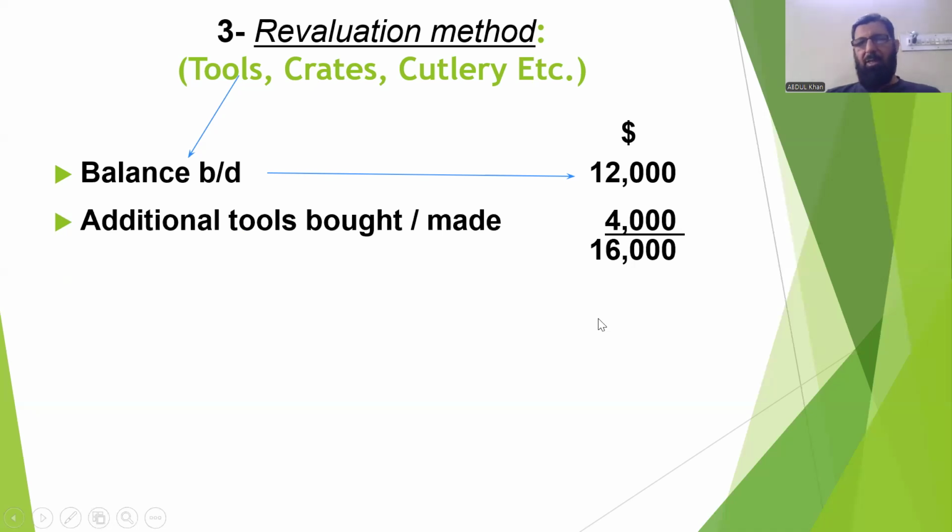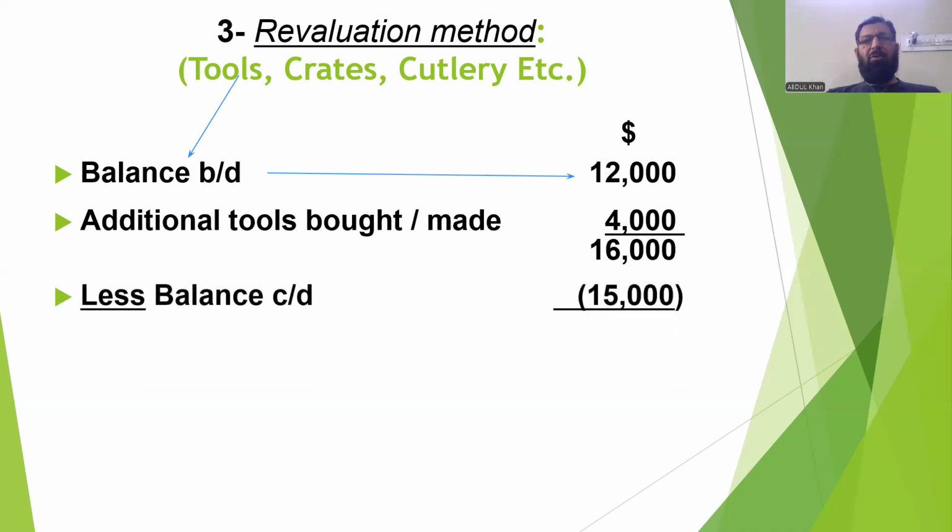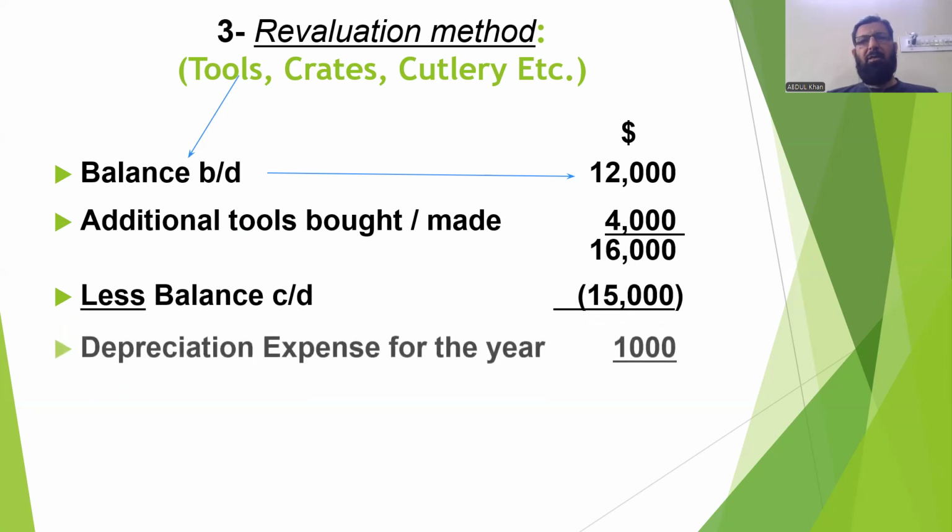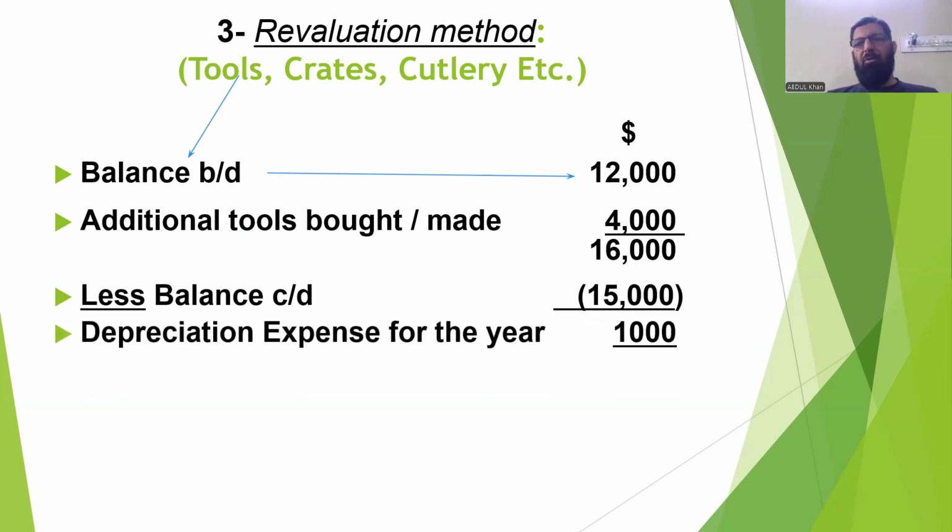And at the end of the year, when you calculate the value of the tools, it is 15,000. This is just an example. When you subtract it, you get 1,000. That 1,000 is actually the depreciation. But in general words, that 1,000 is basically tools that may be broken, lost, or whatever.